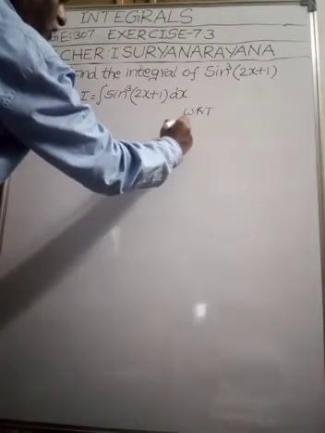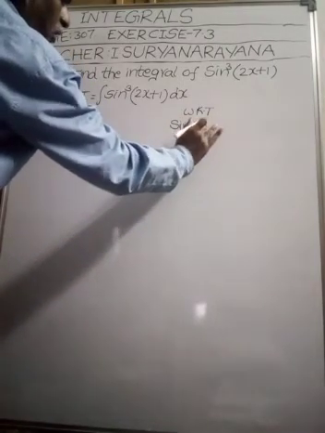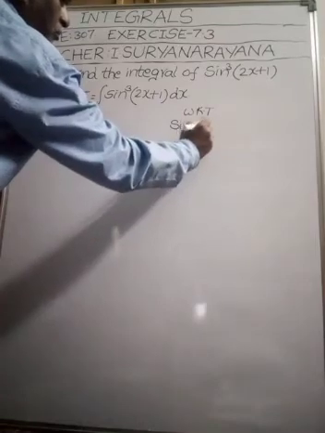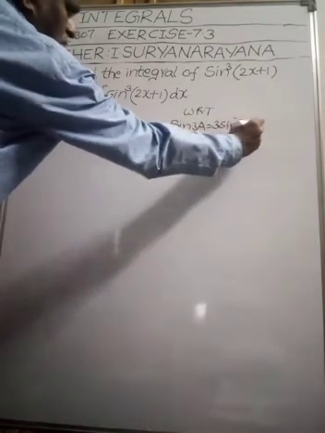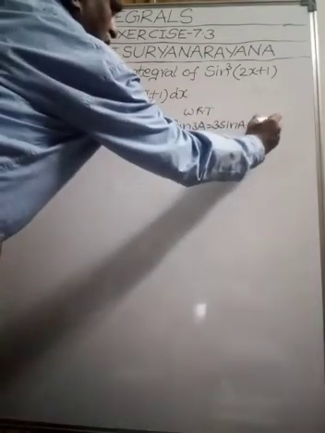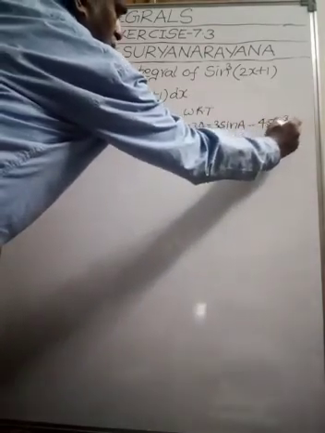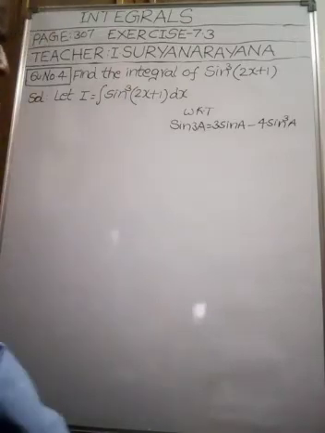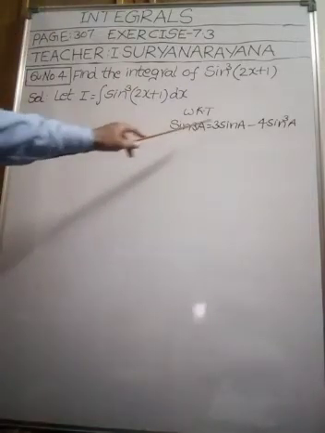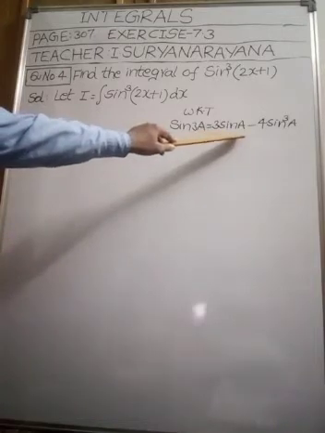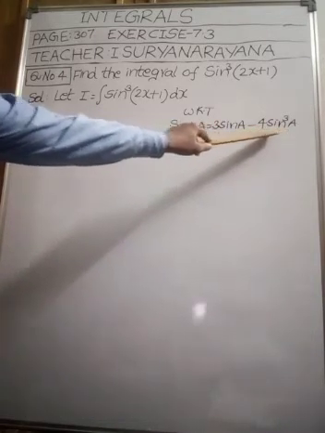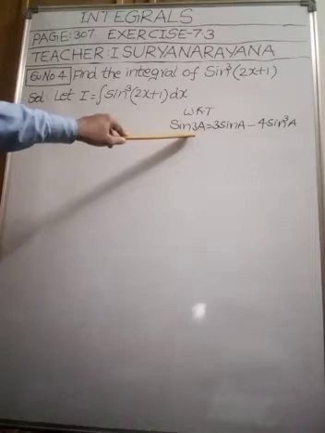Sine 3A is equal to 3 sin A minus 4 sin cube A. Do you remember this formula, my children? This is the multiple angles formula.